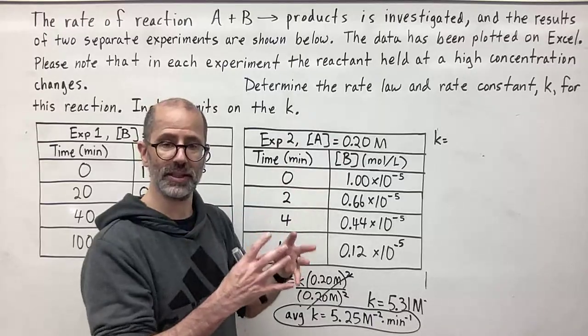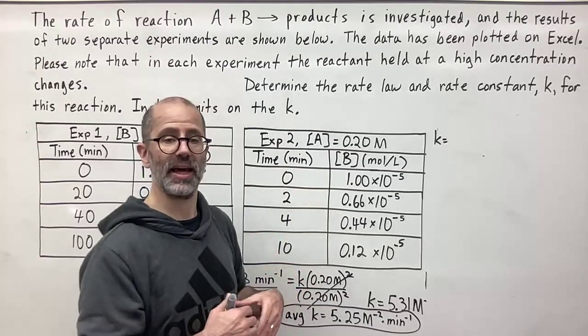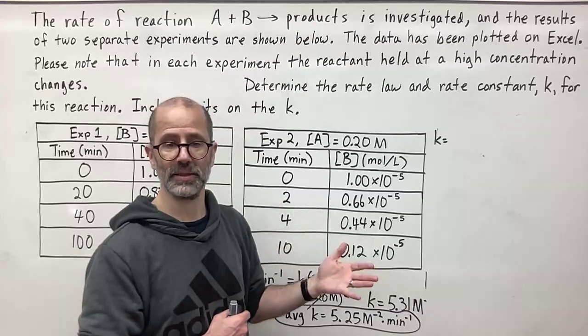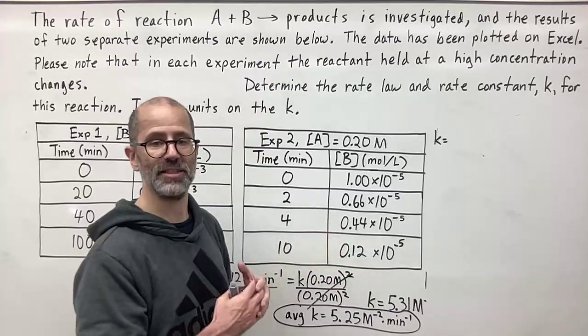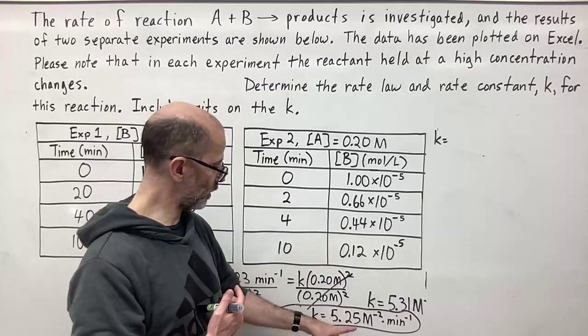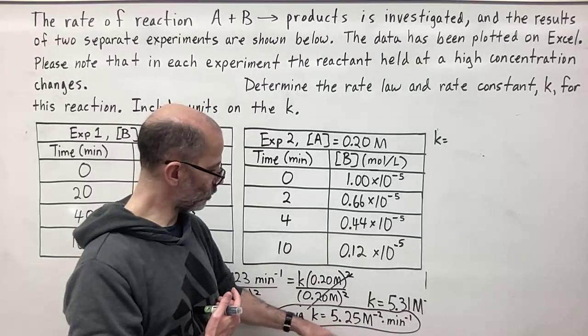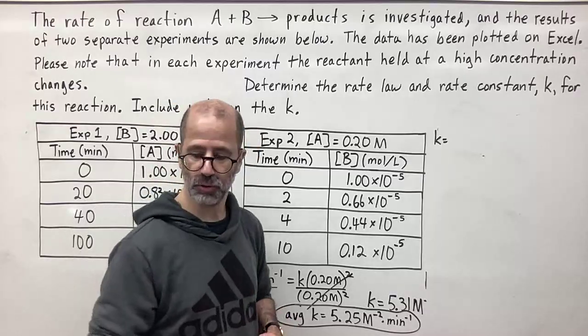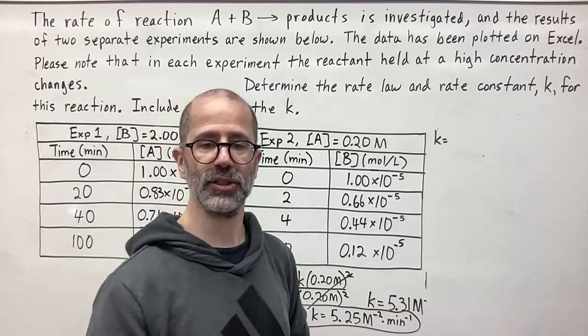When you add those together doing the average, you have to go by the least number of decimal places, not sig figs. So since the least number of decimal places was 1, you're limited to only 1 decimal place. So 5.3 would be your final answer.